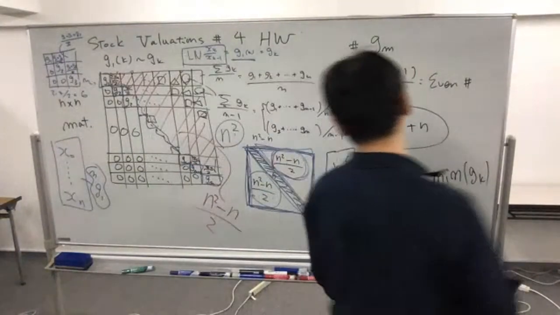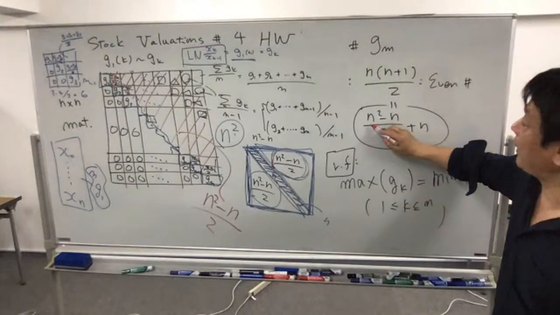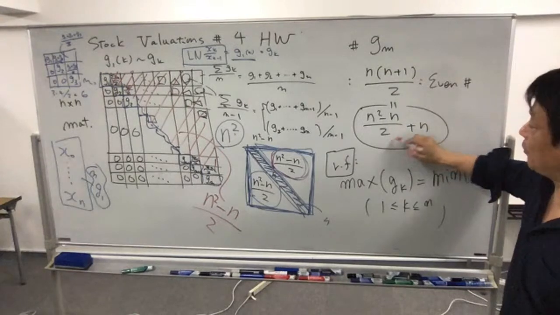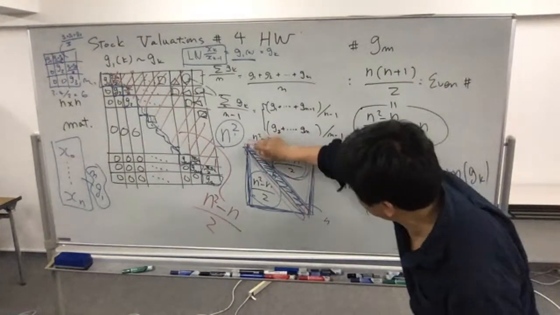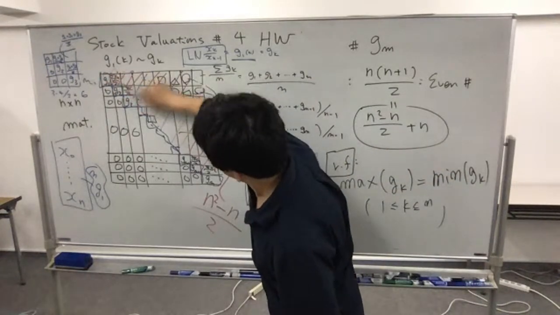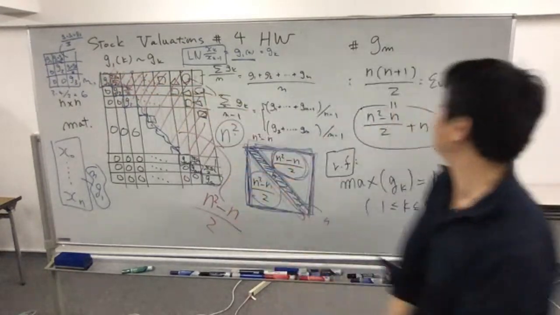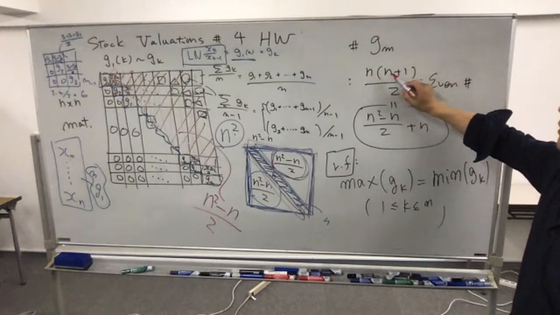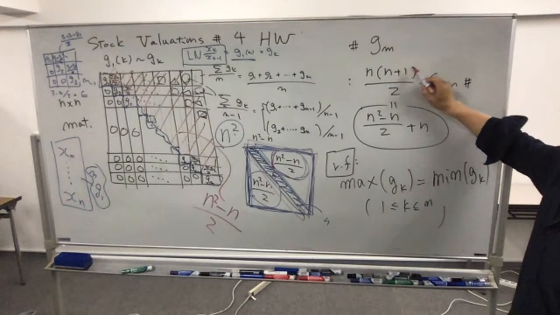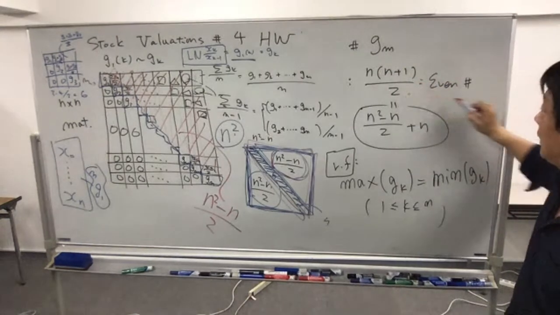So the answer is n squared minus n over 2 plus n, which would be n times n plus 1 over 2.